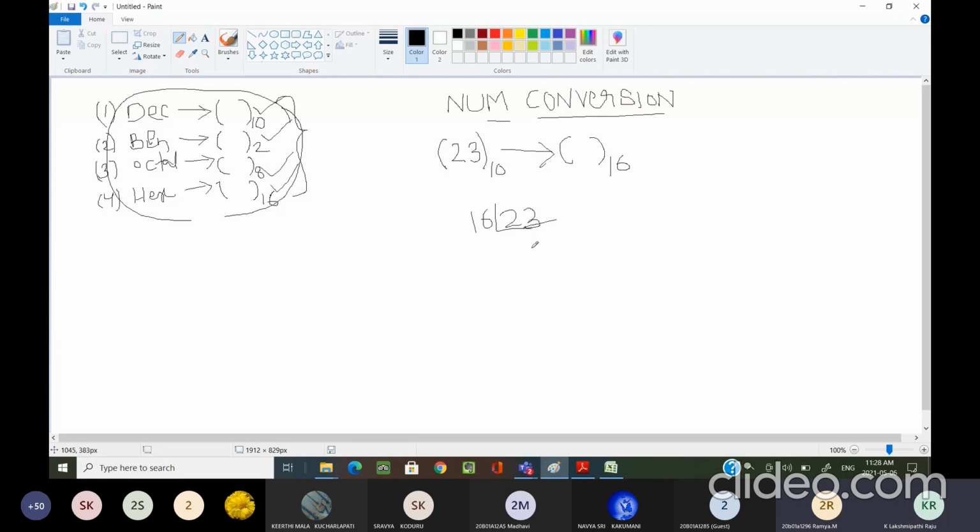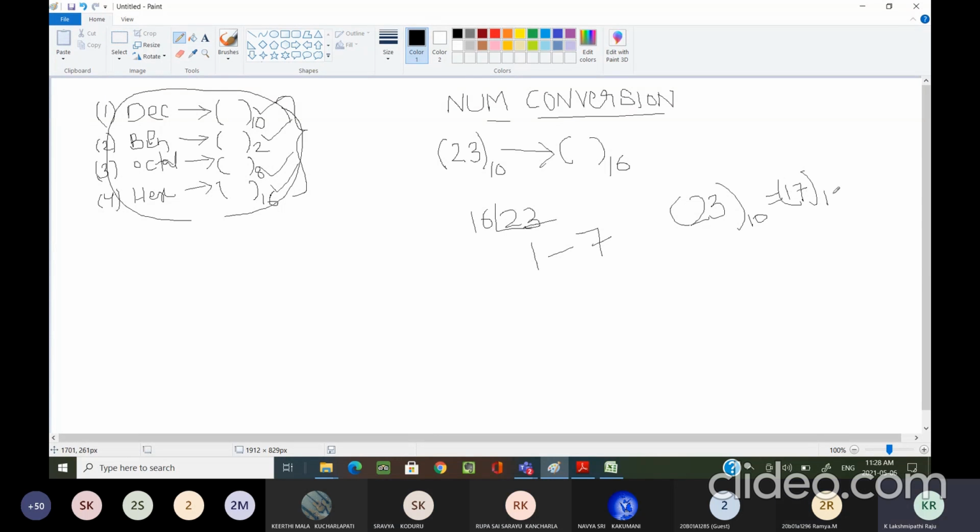How many times does 16 go into 23? 1 time, remainder 7. What is the value? 17. Okay, 23 of base 10 is equal to 17 of base 16.